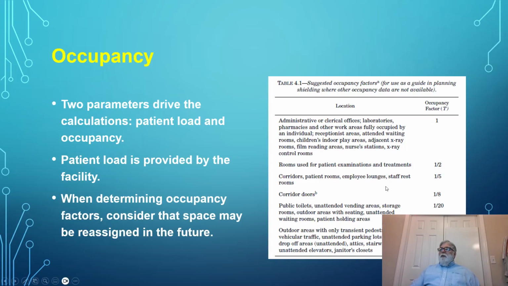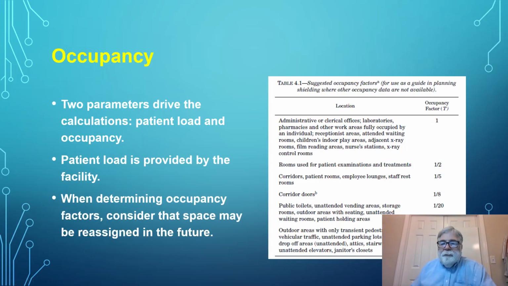at 0.5. Corridors, corridor doors, so people standing in the doorway corridor is set as an occupancy factor of 1/8, 0.125. Other areas, public toilets, unattended vending areas, general public areas where people mill around is set at 1/20th, 0.05.